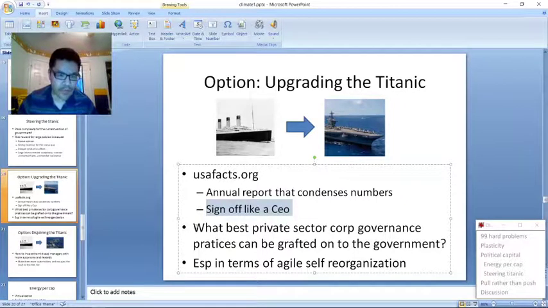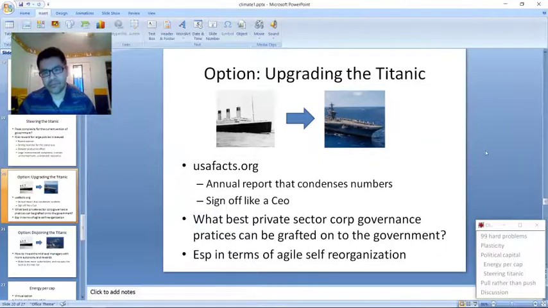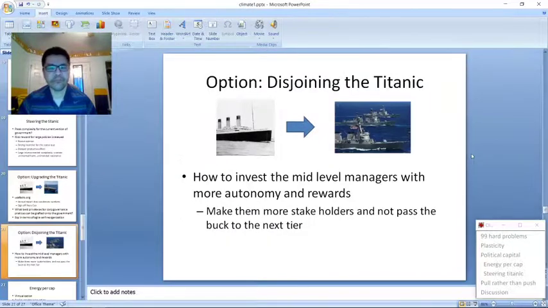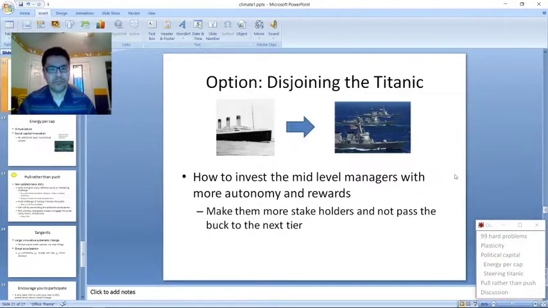What best private sector corporate governance practices can be grafted onto the government, especially in terms of agile self-reorganization?